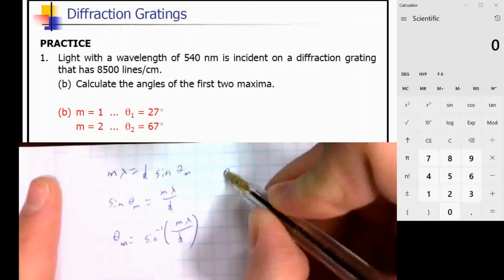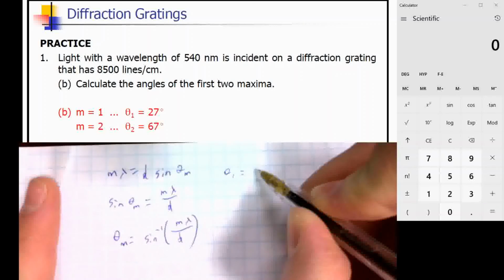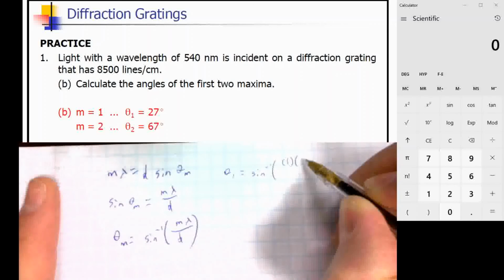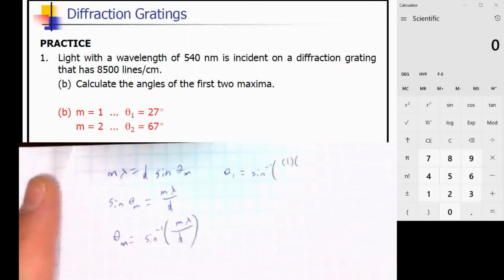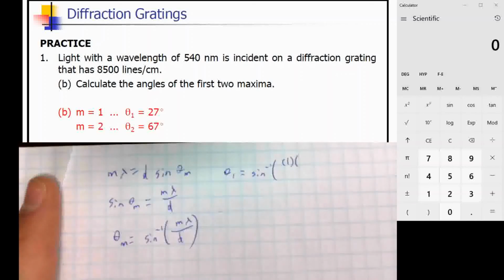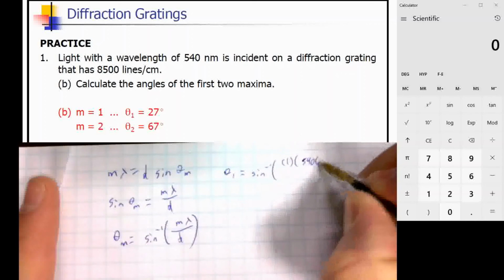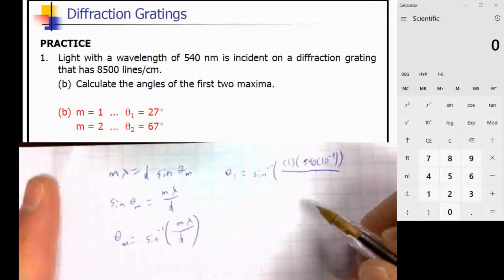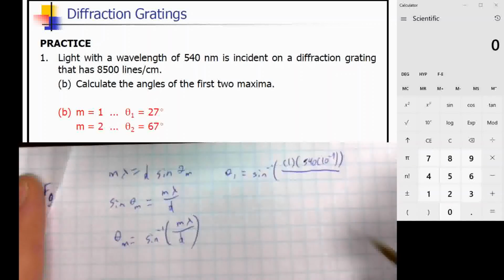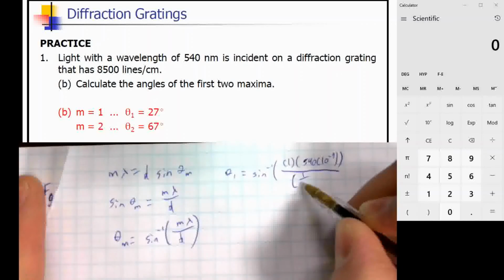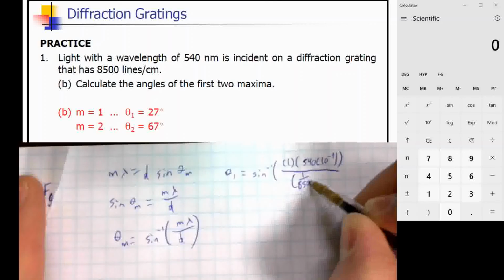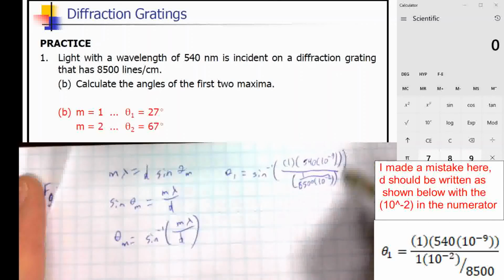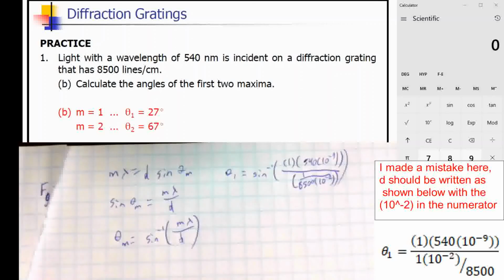Now I'll do theta 1, which is the inverse sine of 1 lambda, which is, it's up there, 540 nanometers. And my d was that 1.2 value, but if you recall, it was 1 over 8,500 times 10 to the negative 2. So this is how I would write it being substituted in.